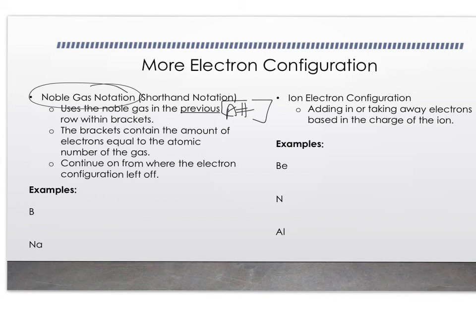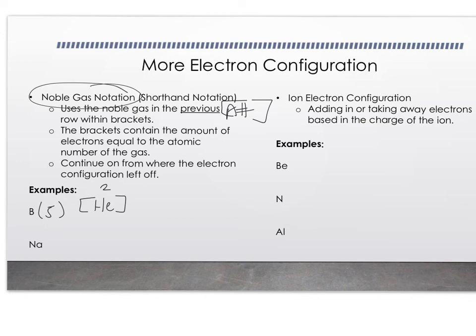So for example, boron. This is element number 5, and it's on period number 2 on the periodic table. If it's on row 2, I have to use the noble gas on the previous period, which is period number 1, and I write helium within brackets. This helium's atomic number is 2, so I have contained 2 electrons within that electron configuration, and now I need to add 3 more electrons to complete my total electron configuration.